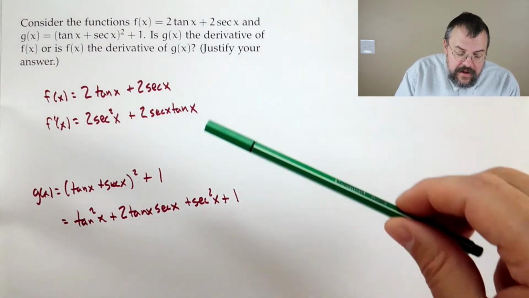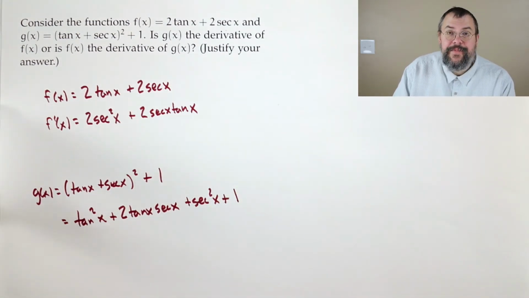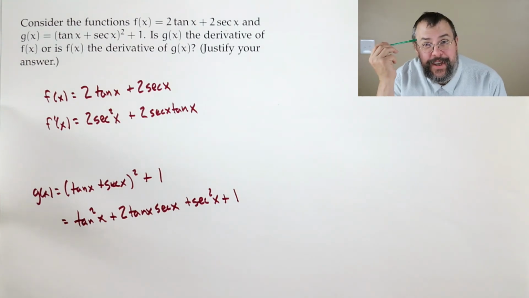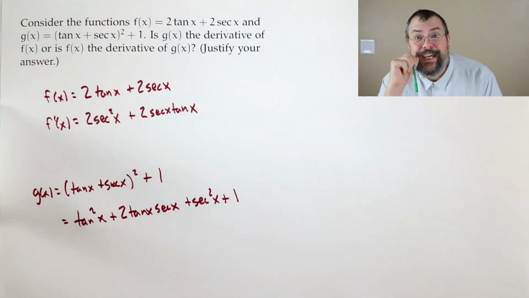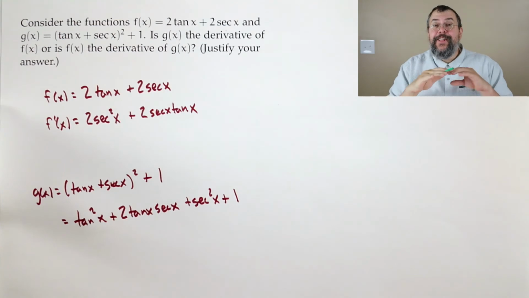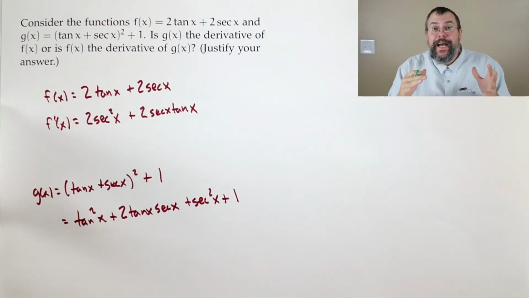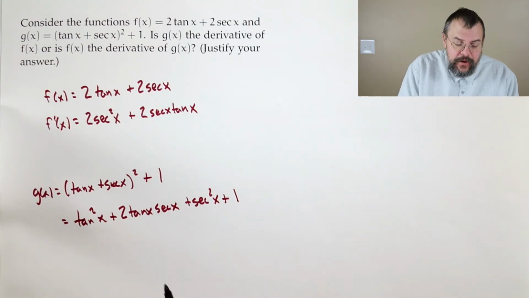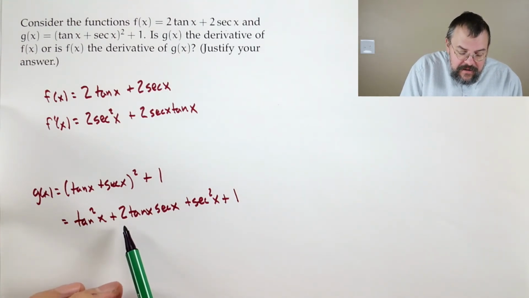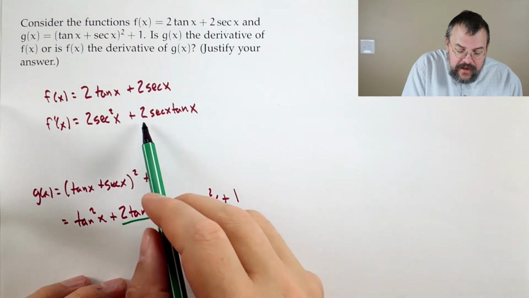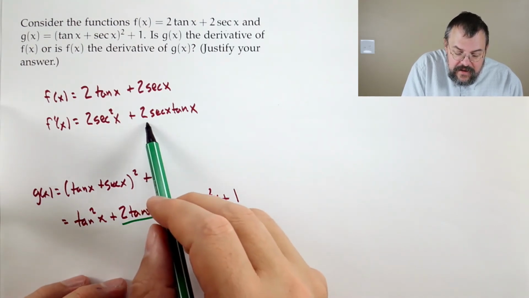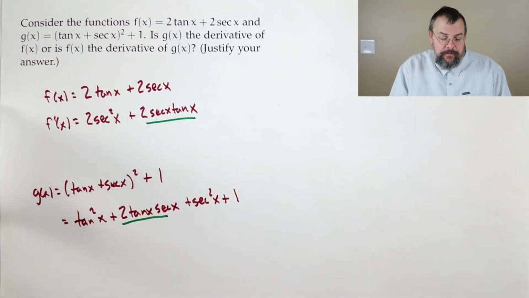And we glance at this and we say, yeah, they're not the same. But then we remember something. Trigonometry can be tricky. And things that look different might actually be equal. So let's be a little bit more cautious. We say, well, certainly it's the case that we have a 2 tangent of x and a secant x, and here's a 2 secant x tangent x. Those have to be the same.